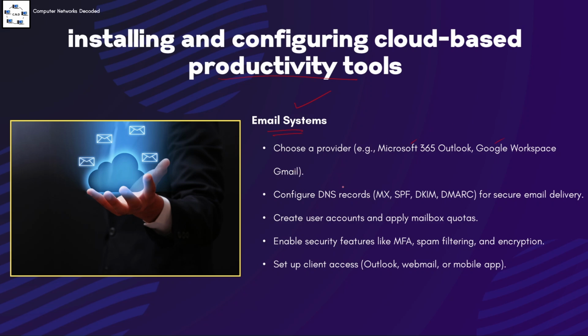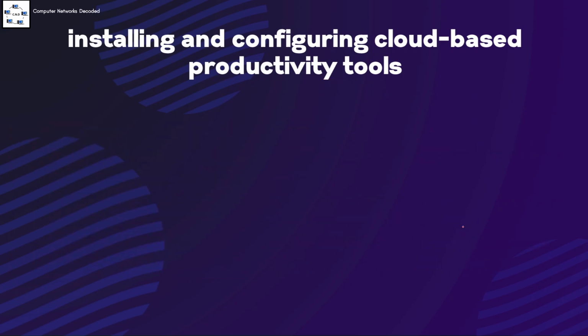Then you need to configure DNS records, including MX, SPF, DKIM, and DMARC for secure email delivery, create the user accounts and apply mailbox quotas, enable security features like multi-factor authentication, spam filtering and encryption, and set up client access such as Outlook, webmail, or a mobile application.